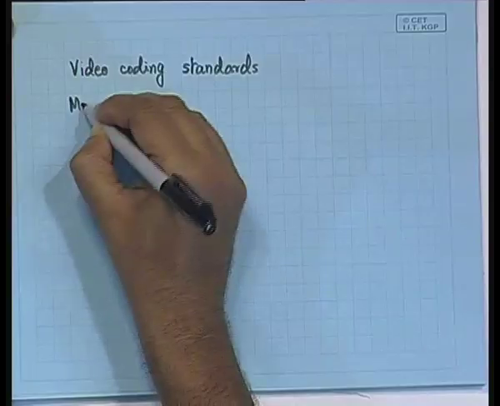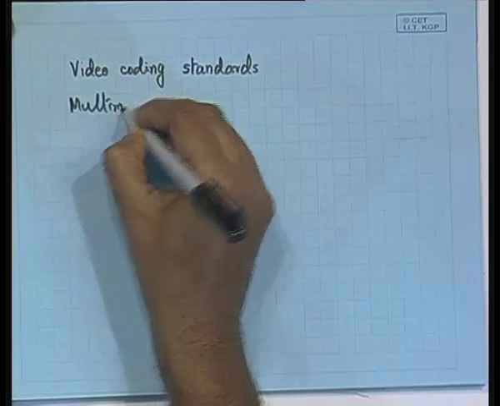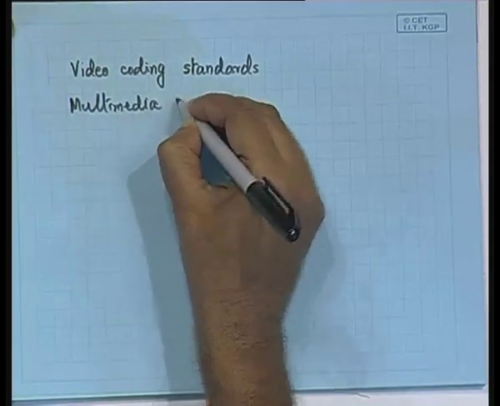One media stream is the video and the other media stream is the audio. And this leads to a combination of multimedia bit streams. So, video coding standards also resulted in the development of the multimedia coding standards.